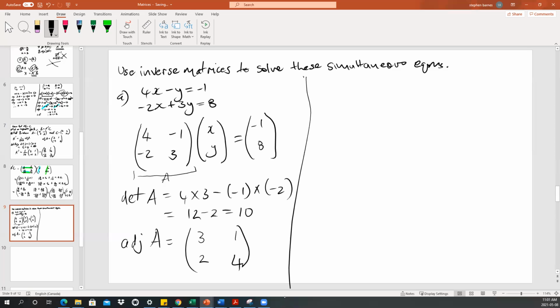All right, not the best division, but we work with it. So the inverse of A is 1 over the determinant, which is 1 over 10 in this case, multiplied by the adjoint.